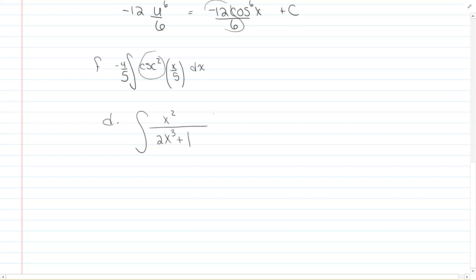So again, I would be thinking of letting u equal that whole bottom there, because if I take the derivative of that, it's going to equal 6x squared, and then multiply both sides by dx, so du equals 6x squared dx. And that's good because I have an x squared dx, but I don't want the 6, so I'm going to divide that off.